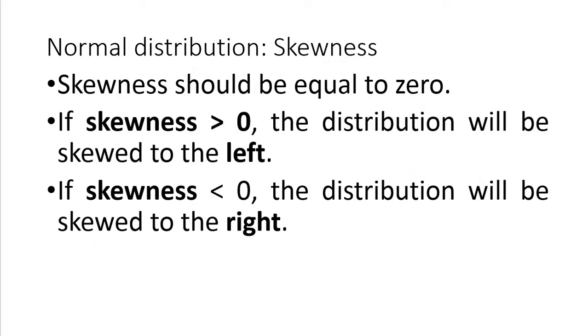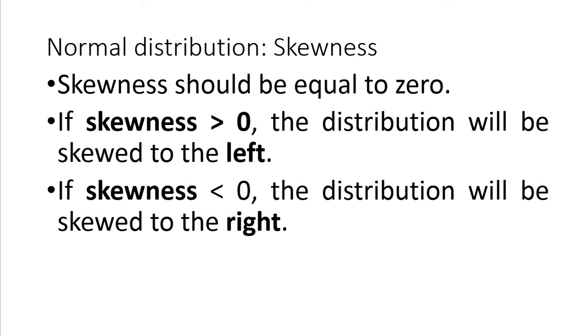Skewness and kurtosis are two key statistics when it comes to normal distribution. It's hard to explain what skewness is, but you can assess it as the indicator of how symmetrical the distribution is.